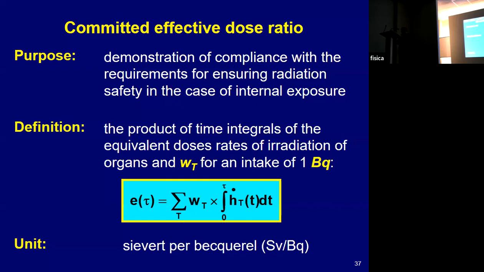For the purposes of radiation safety, it is assumed that tau equals 50 years for adults, those who are 20 years old, and tau equals 70 minus g, where g is age, for people under 20 years of age.